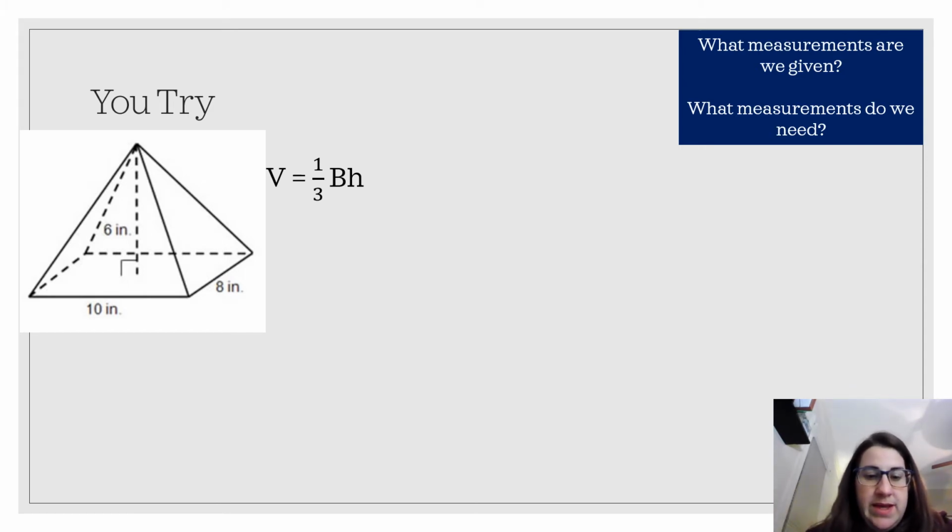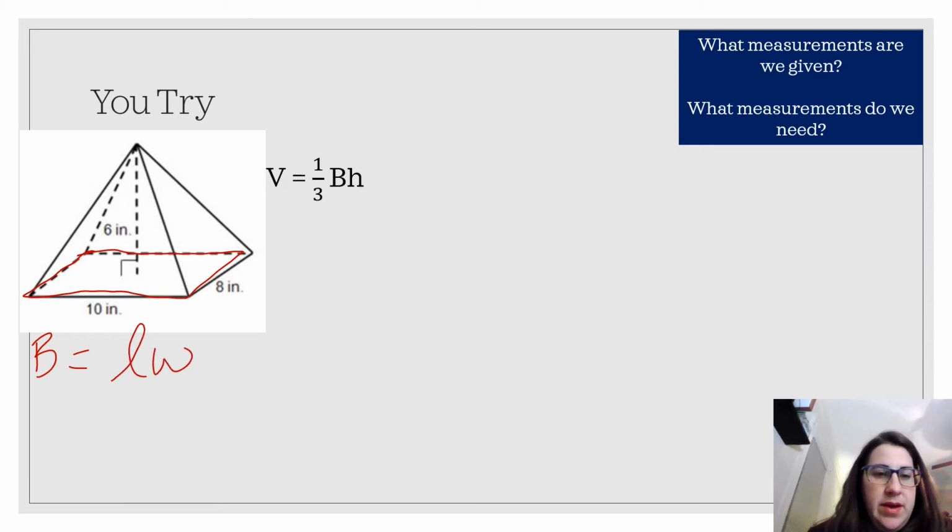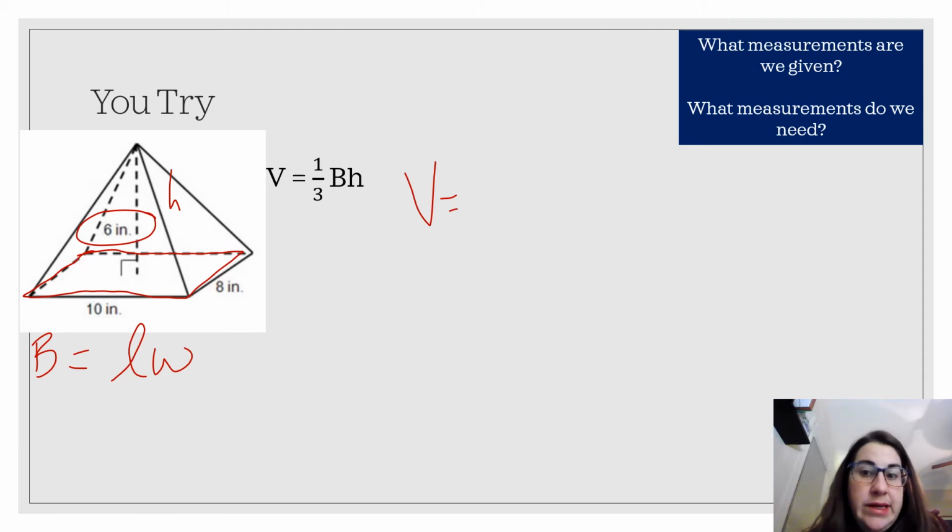So my base in this case is a rectangle. So the formula that I'm going to use for my base is going to be length times width. And then my height is going to be 6. So let's go ahead and do this. I'm going to use the divided by 3.